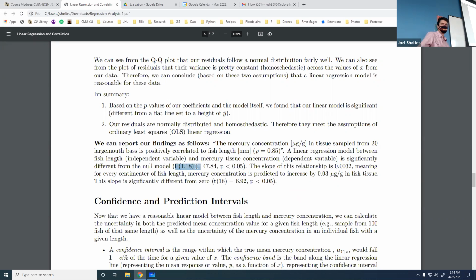And here's my F test, and my p-value is less than 0.05. The slope of this relationship is 0.0032, meaning that for every centimeter of fish length, so I'm multiplying because our data was originally in millimeters, mercury concentration is predicted to increase by 0.03 micrograms per gram in fish tissue. The slope is significantly different from 0, and here's the test statistic. So that's a very thorough way of reporting a very simple linear regression model.